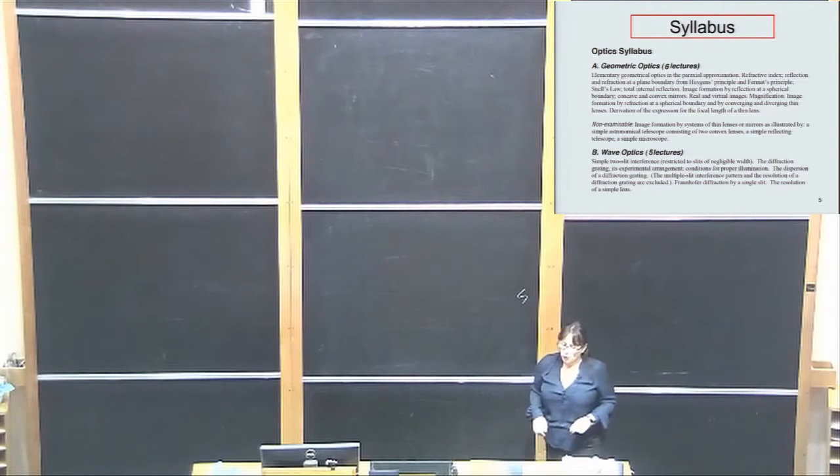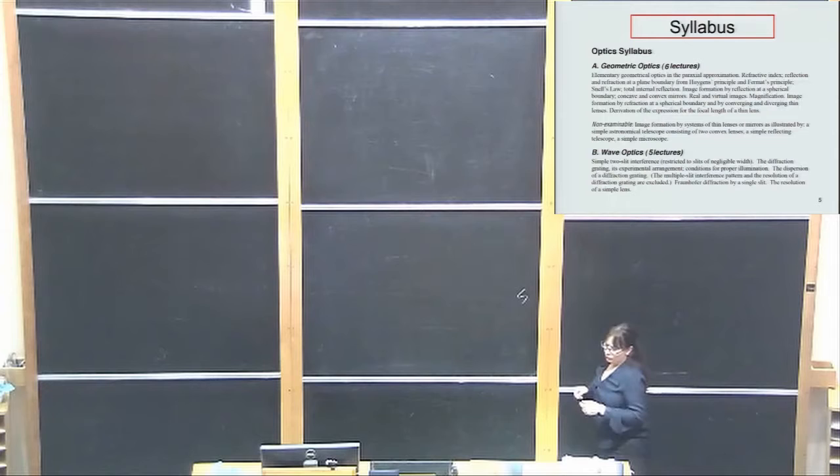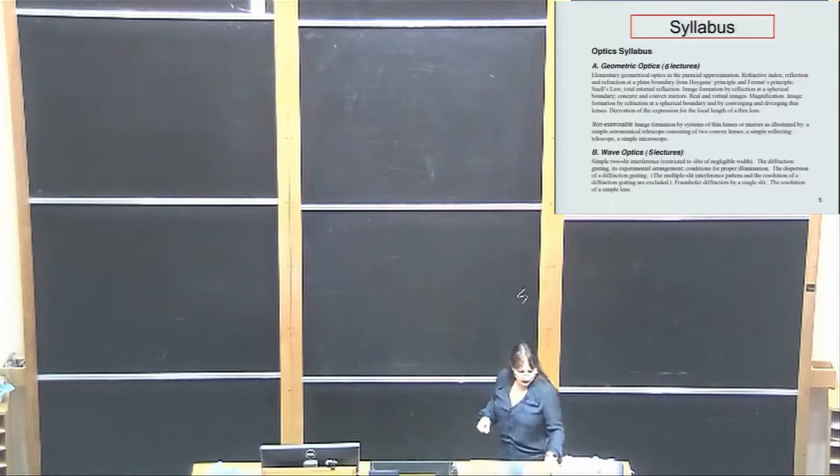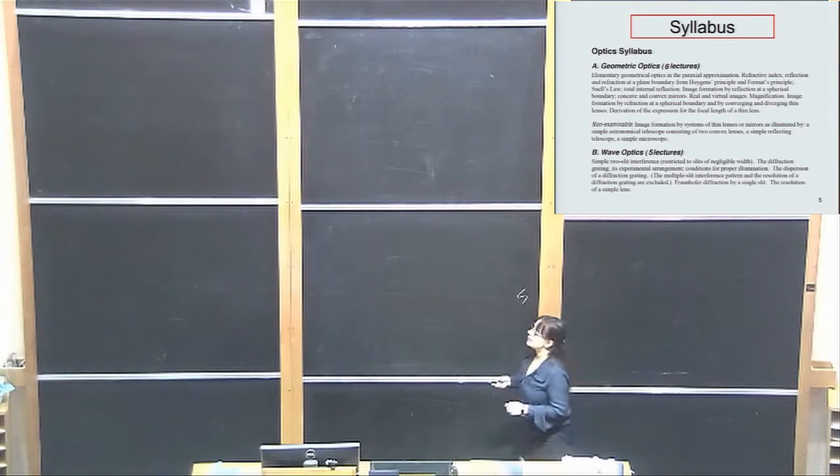So we'll basically talk about reflection, refraction, the basics of lenses and mirrors and how they work. And then I'll spend one lecture just talking about some more practical bits of optical equipment, so telescopes, microscopes. And what you'll see is that bit is non-examinable. So I think that will probably be the 6th lecture.